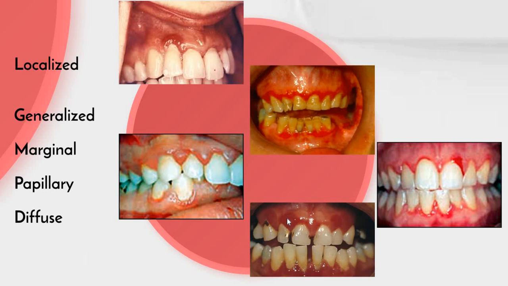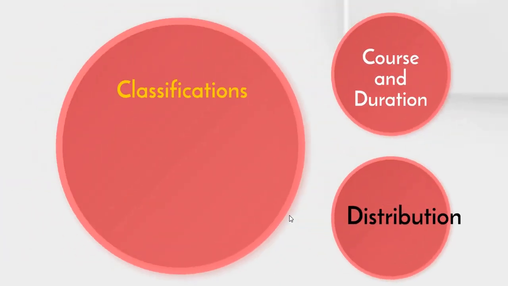So in the diffuse, it's simply just like marginal gingivitis, but involving a wider area of the attached gingiva, like you see here. Almost all the attached gingiva are included. So this is according to the distribution.